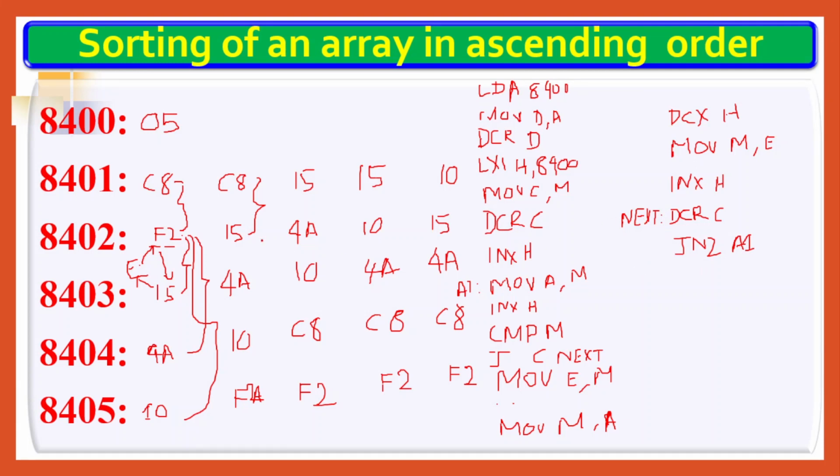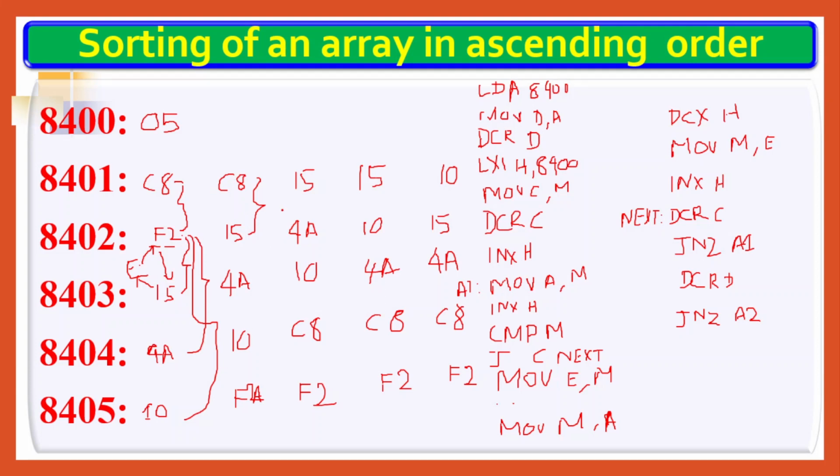So now the within-a-set part is completed, so we have to go to the number of sets. The number of sets is D, so again decrement here, DCR D, then jump no zero. If it is no zero, the number of sets means we go to another label, A2.